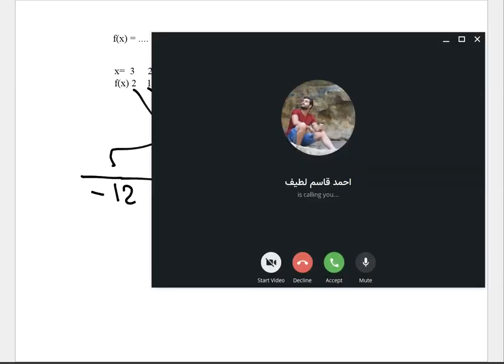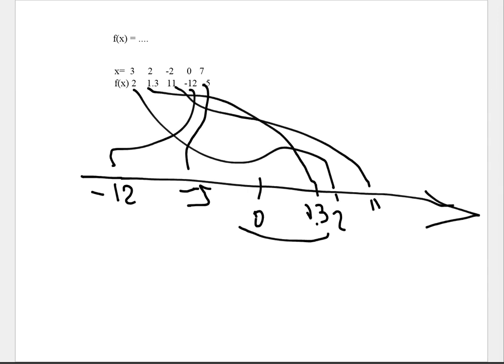Which of these values is near to 0? It is near to 0. So 2 is the best here.